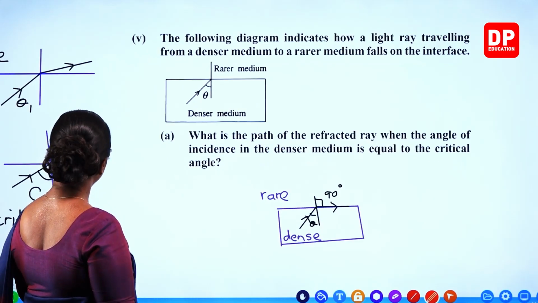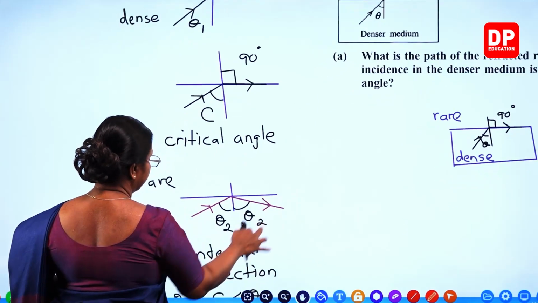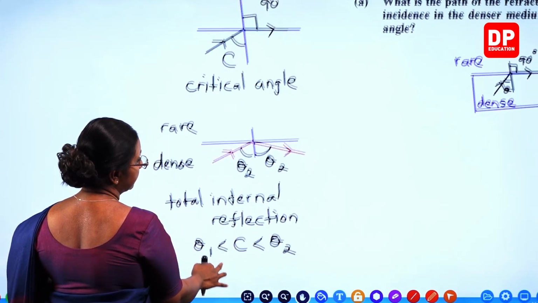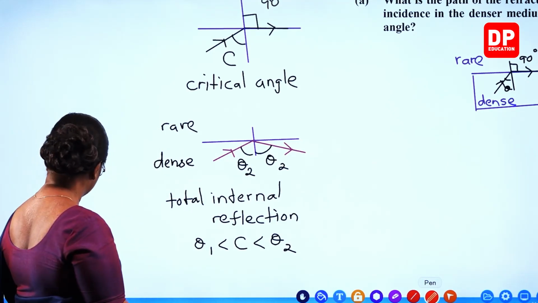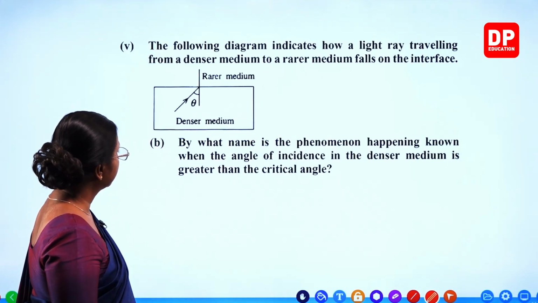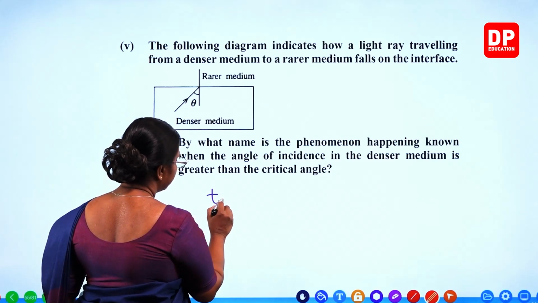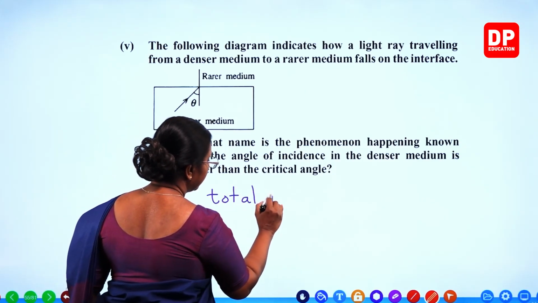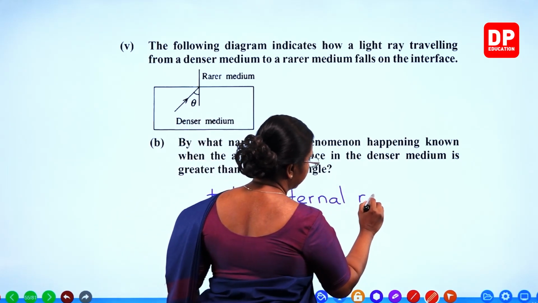Here we saw that happening, and this particular concept is known as total internal reflection. That is what you need to write here. By what name? So there we have to say total internal reflection.